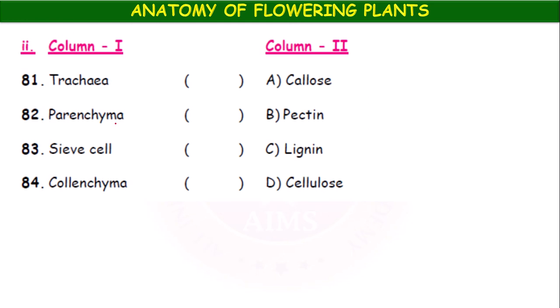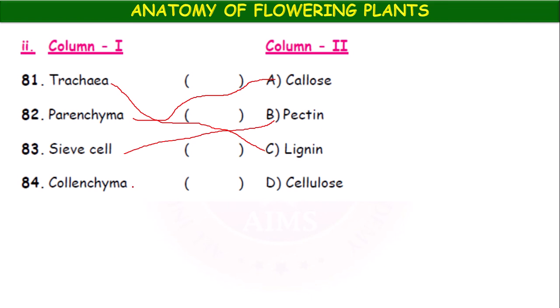Next, tracheae, xylem tracheids. They are made up of which chemical substance? Made up of lignin. Parenchyma contains callose. Next, sieve cells contain pectin.